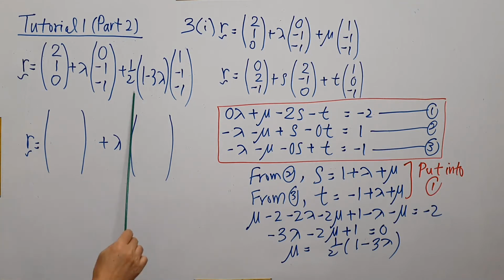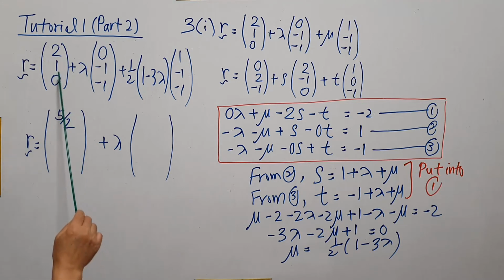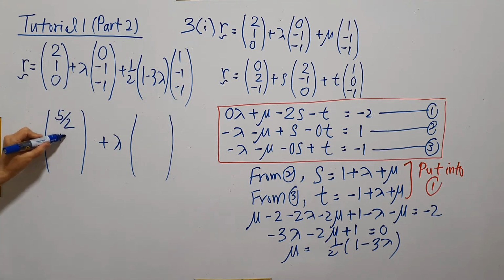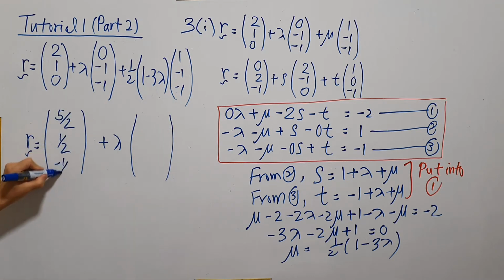So 2 plus half is 5 over 2. The 1 minus a half gives you a half. And then 0 minus half is a minus half. Alright, that's my first vector.